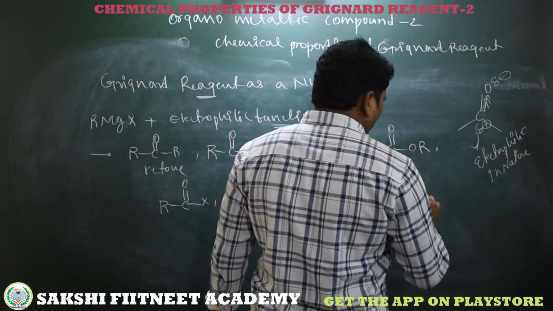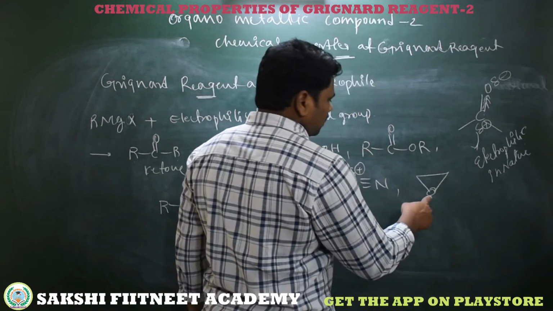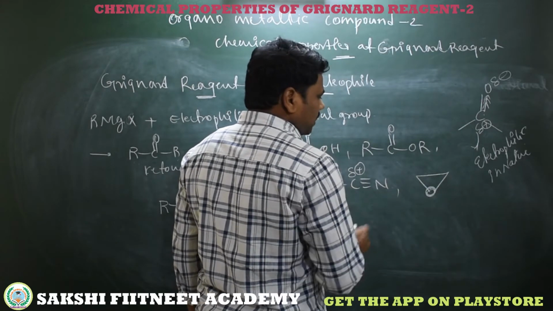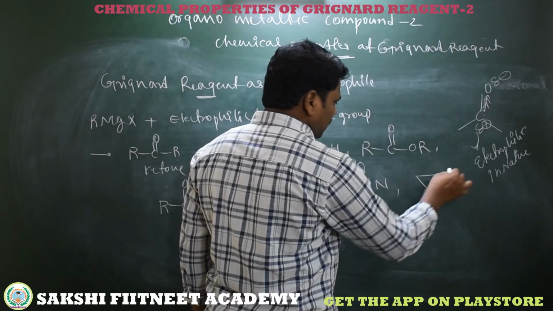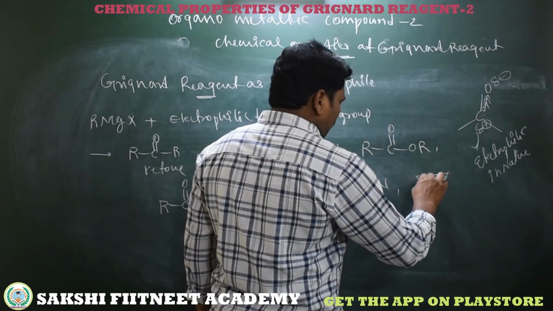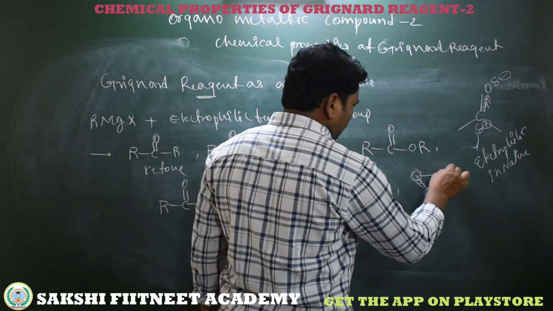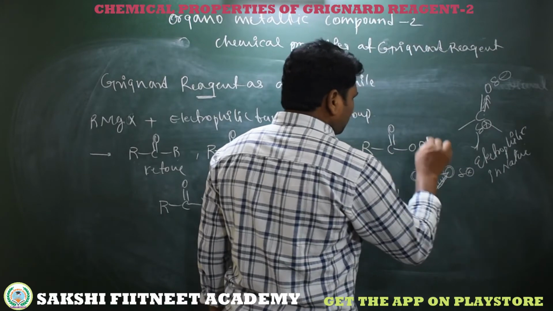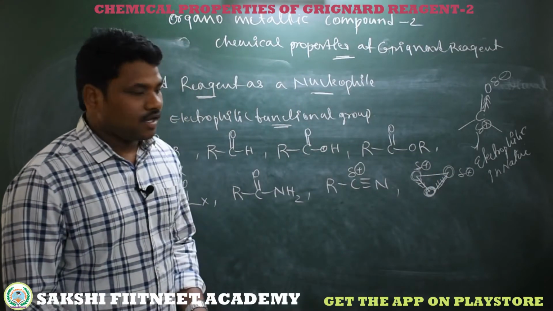Now, as well, with the epoxides. Here oxygen, a three-membered cyclic ether called epoxide. This oxygen is bonded to this carbon and this carbon. The bond electrons are displaced towards oxygen, so this carbon and this carbon show partial positive, that means electrophilic character.